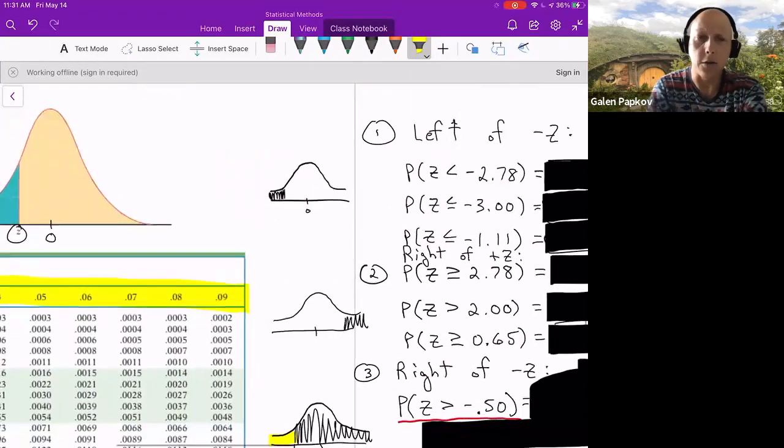So let's show how to make use of this. I've got a bunch of examples and practice problems on the right side here. And the first one is we want the probability that z is less than negative 2.78. So it's a less than probability. It is a negative z-score, and I want the probability or area to the left.